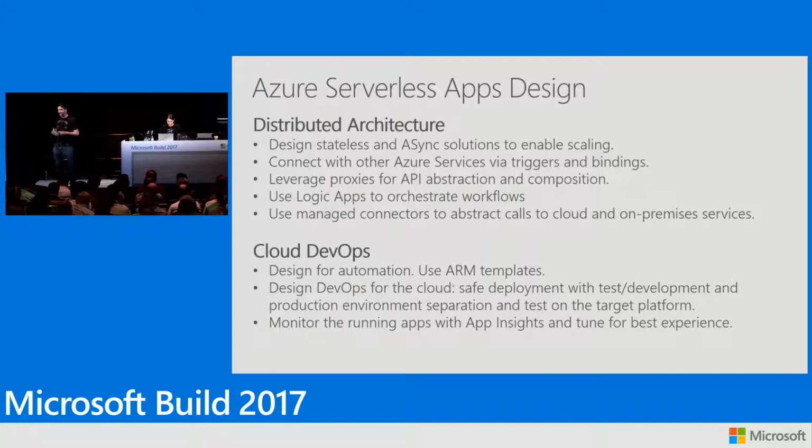We enabled slots on functions, right? Yay, we enabled slots a couple of days ago, so now I have slots, which, if you're familiar with App Service, is the same concept, so you can have safe deployment. You can deploy, test in a pre-production environment on the cloud, and safely swap in between. And obviously, you can monitor and have alerts and very rich information with Application Insights.